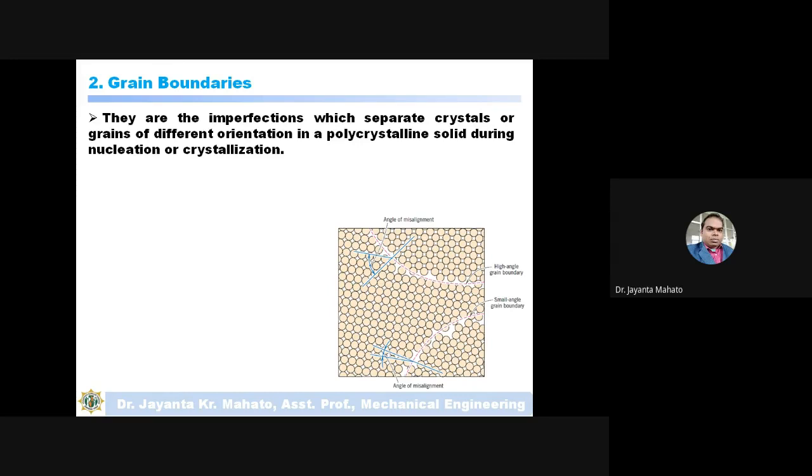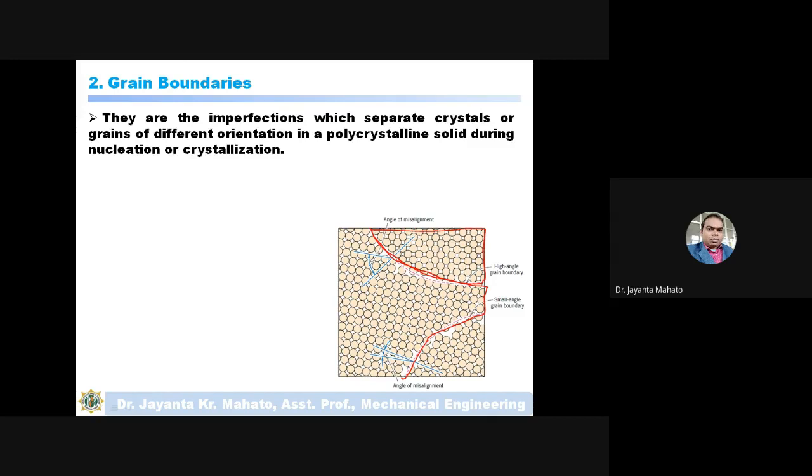Okay. As I told earlier, within this region the arrangement of atoms in lattice points is different. Means all the atoms are arranged in this way, and within this grain boundary all the atoms are arranged in a different orientation.